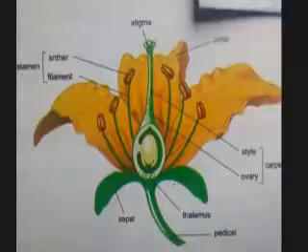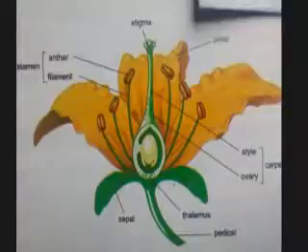The swollen part of the carpel, the ovary, ripens to fruit. It converts into fruit. Carpels are 2 in number, and both the carpels collectively are called gynoecium. Carpel or gynoecium is the female reproductive organ in the flower.